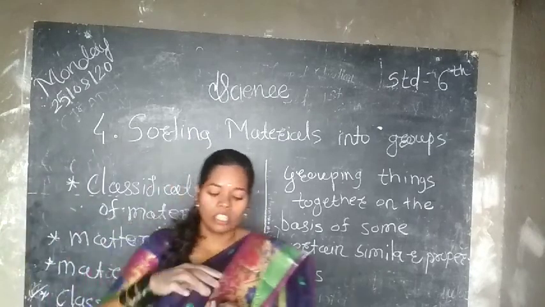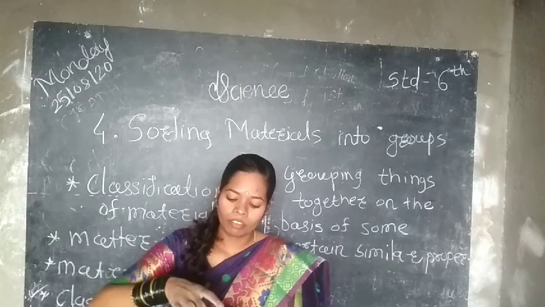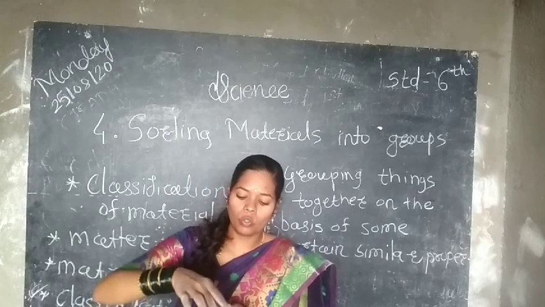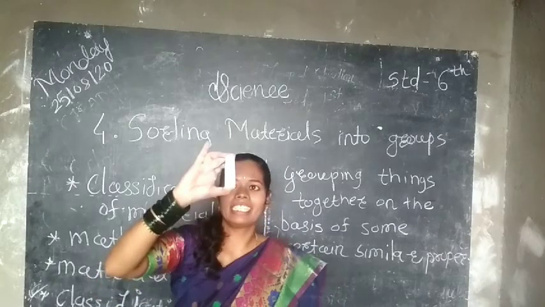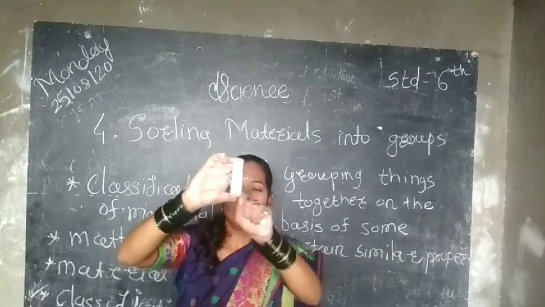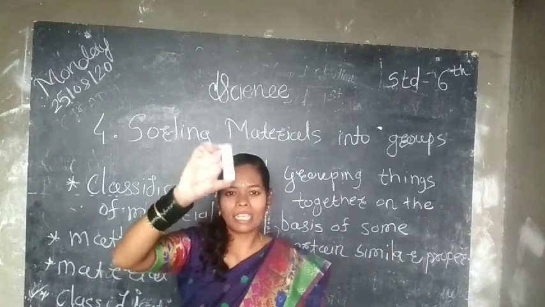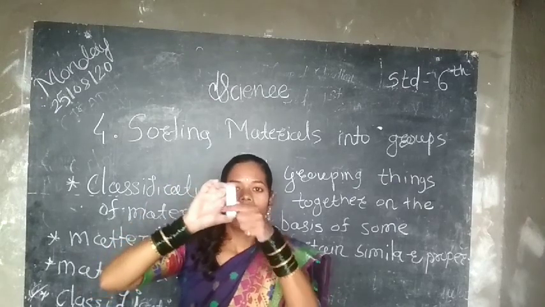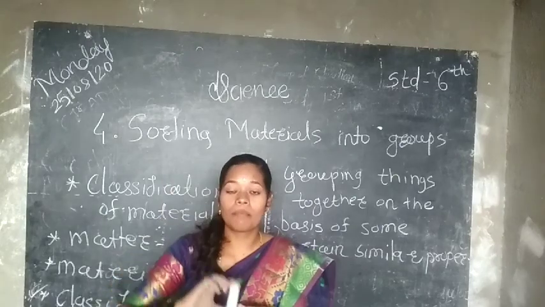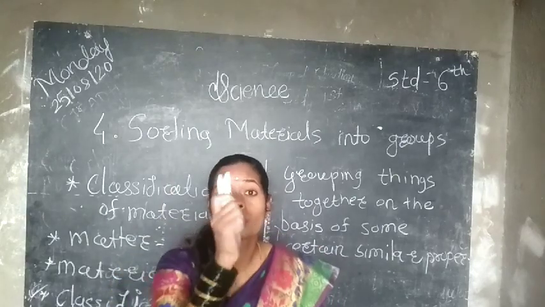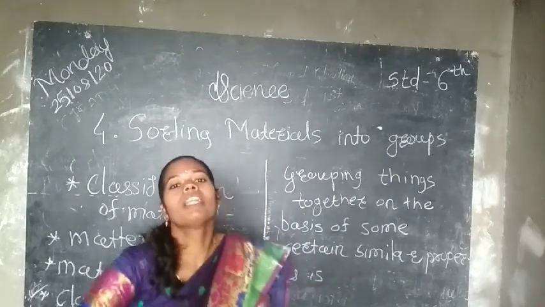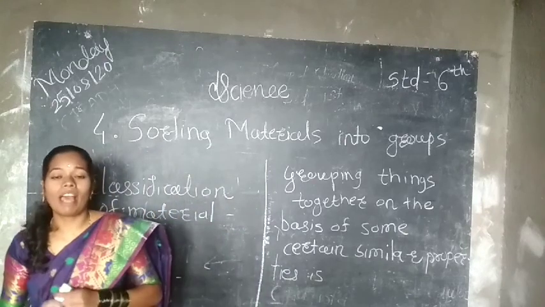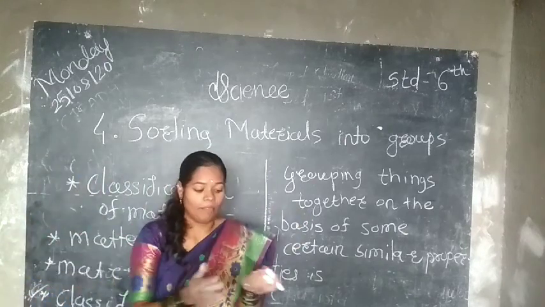Am I right? See, these two chalks are exactly similar. Check the shape. Both are equal. The color is the same. Their material, their chalk powder, is the same. So these two have many similar properties. That's why you easily separate them from this.